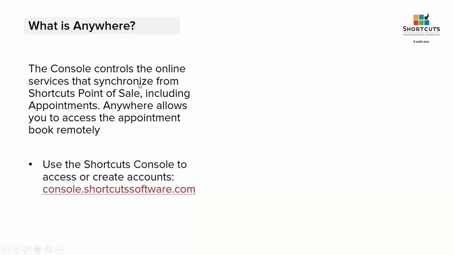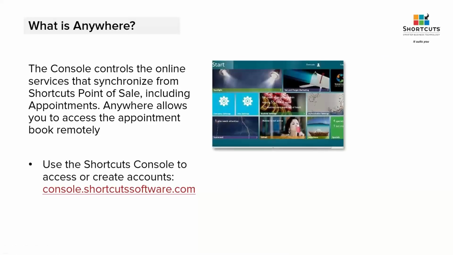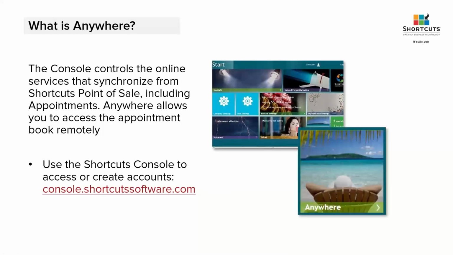So, hopefully, most of you are familiar with the console, the Shortcuts Online console. This is where you would go to enable things such as online booking, when can customers make appointments, how many days in advance, etc. This is also the place where there's a button, and this button appears if you're in the computer version, not in the mobile version.